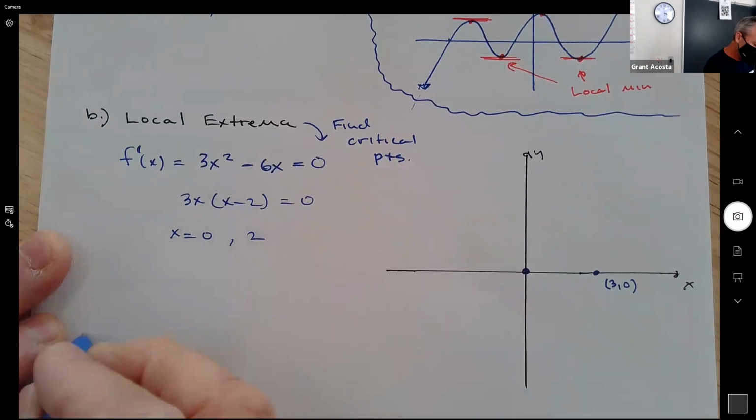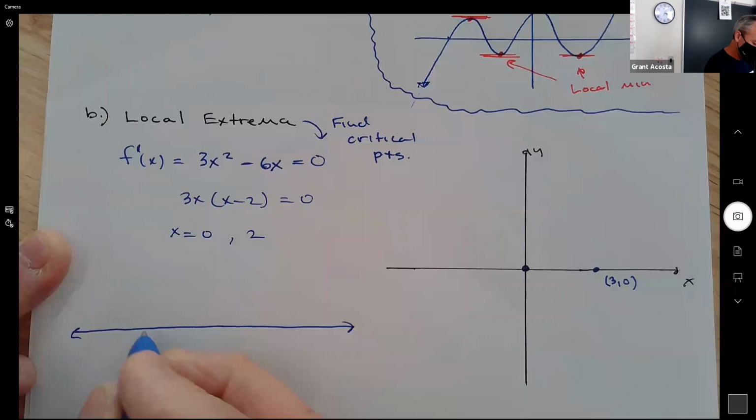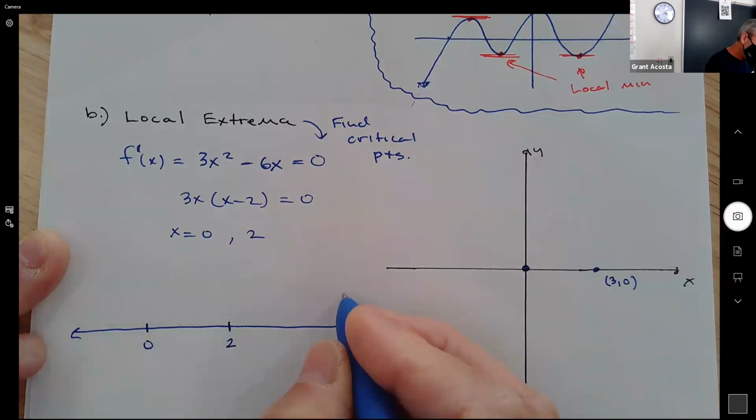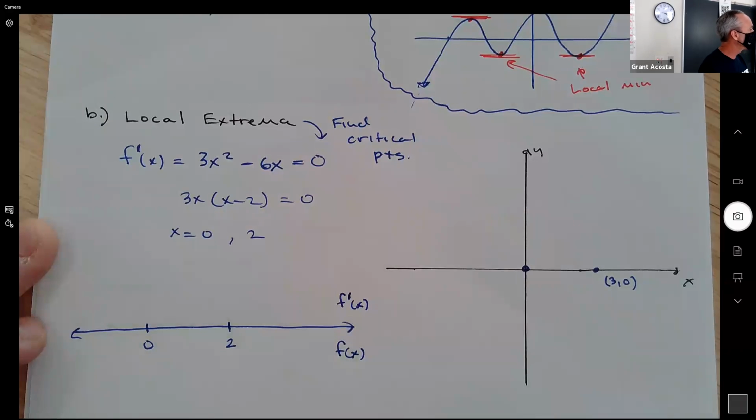Okay, so here's what I do, and I have a feeling James probably would do this too. Once you get your critical numbers, we're just going to draw a number line. And above the number line, we're going to collect information about the derivative. And below the number line, we're going to interpret that as, what does that mean about our function?